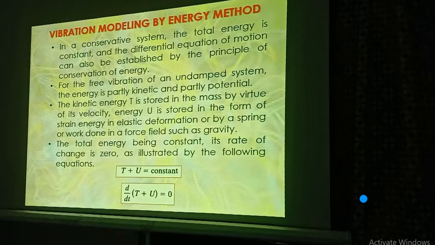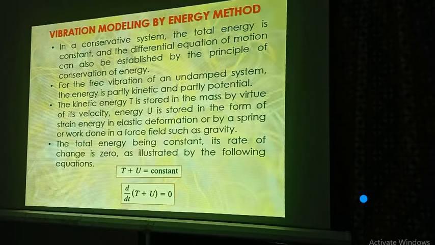In the system there may be some kind of elastic energy storage element, for example a spring, and there may be some kind of translating body, for example a mass, and there may be some kind of rotational element, for example a disk.